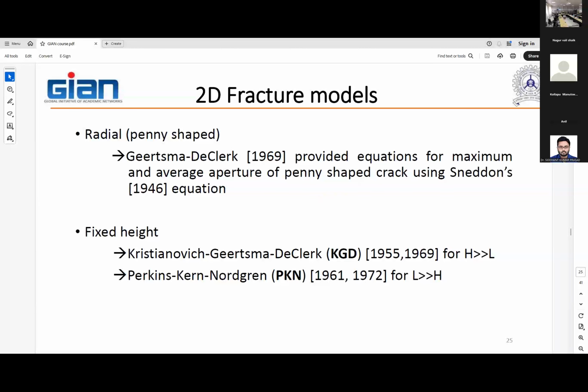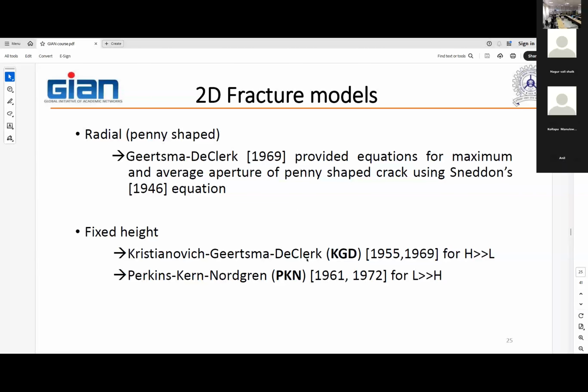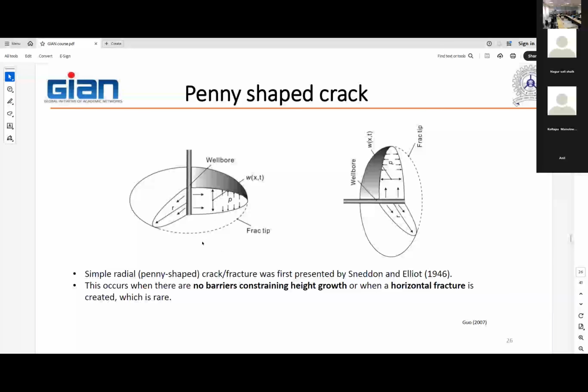So what happened is, here you have these three models. First, let us discuss the penny-shaped crack. In this case, you have the wellbore. If we are talking about a horizontal fracture, then we have this wellbore.